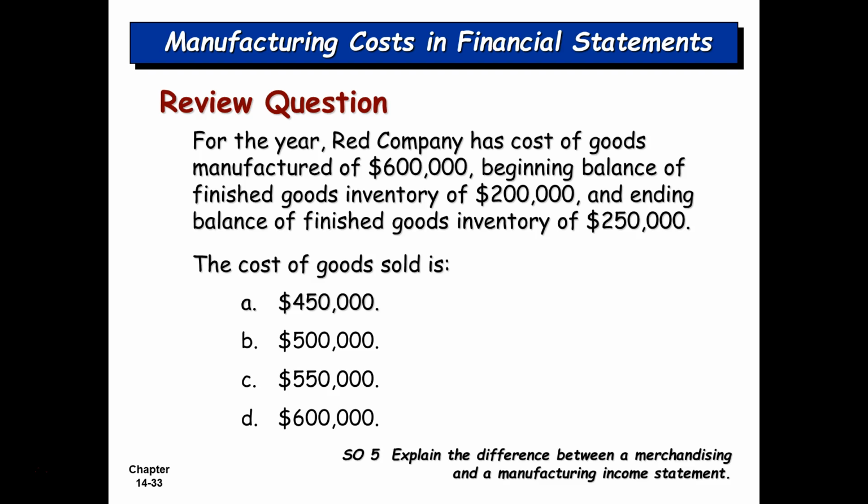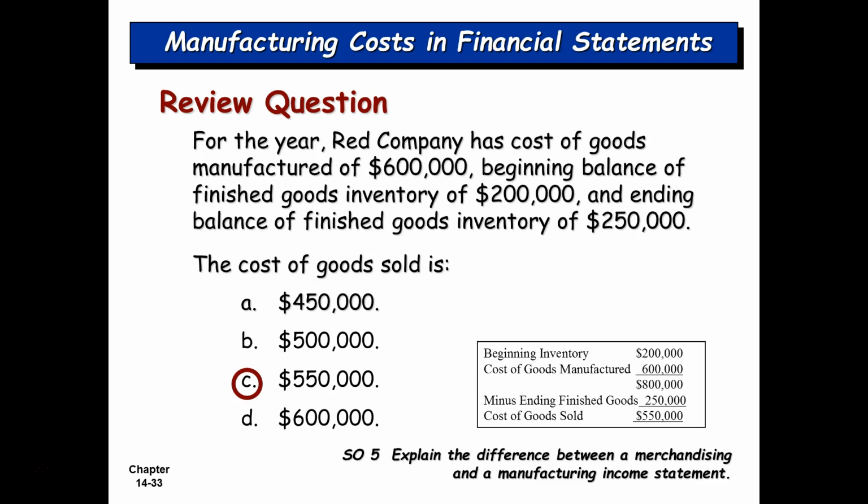The cost of goods sold is, well, again, our beginning inventory of finished goods is $200,000. We then add the cost of goods manufactured of $600,000, less those finished goods, which gives you $550,000.